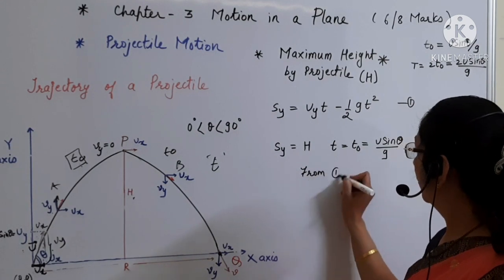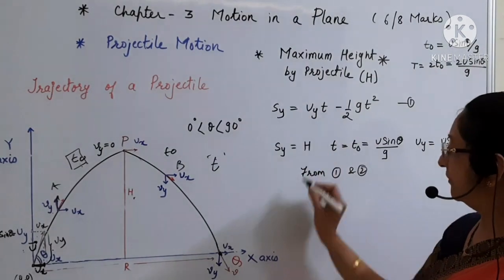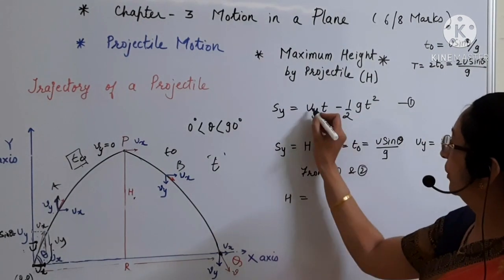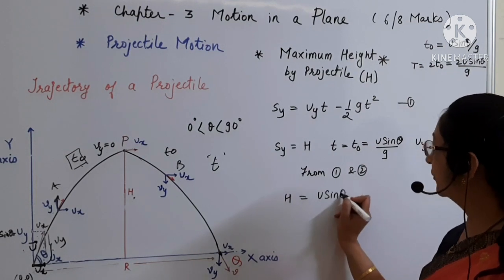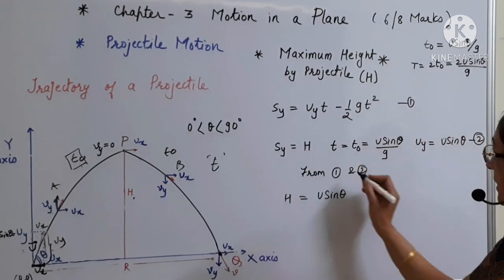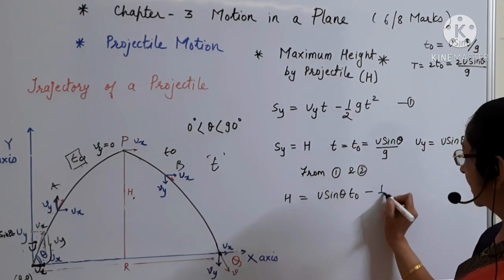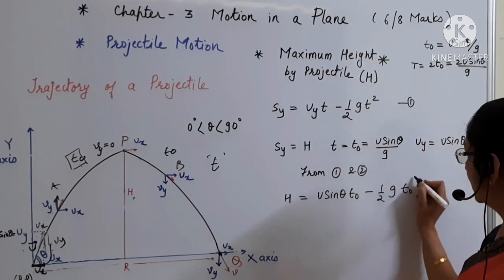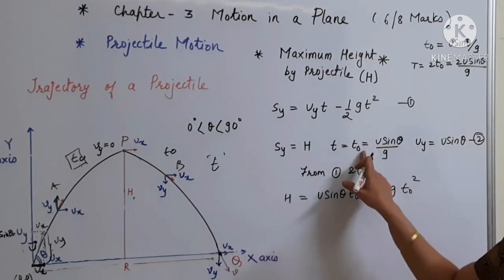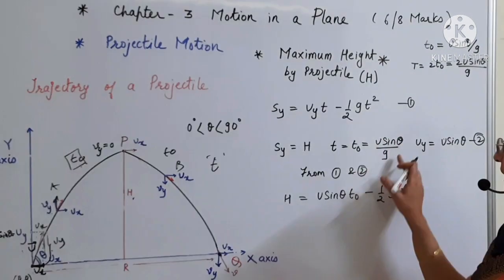From 1 and 2, for Sy we write h is equal to uy, that is u sin theta, into t, where t is t0, minus half g t0 square. But we also have the value of t0, which is u sin theta upon g.